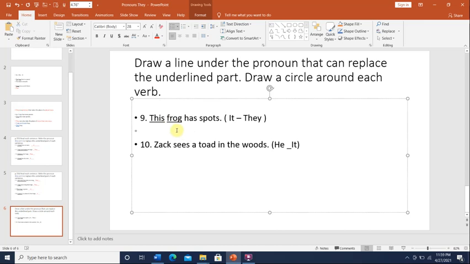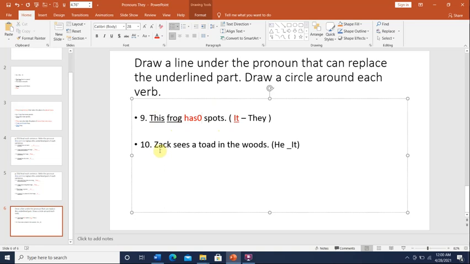Is it one or more? It's one. So I will use the pronoun it. Okay, to replace this frog. It says draw a circle around the verb. The verb here is this frog has spots. The verb here is has. Okay, so you will circle has because that's the verb.